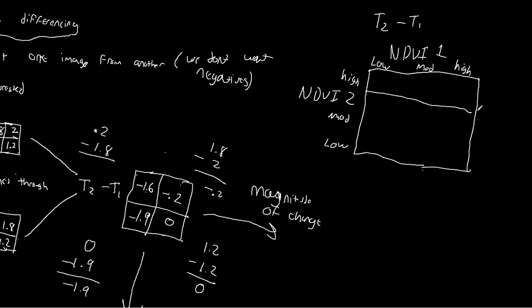So again, this is going to be a very similar procedure to what we went through when we talked about indices. So hopefully this matrix setup here isn't going to be completely new to you. But what I want to do is go through this equation, time 2 minus time 1, and talk about what numbers we would expect to get and what those numbers would mean. So let's assume that we have a high NDVI at time 2, and we subtract from it a low NDVI at time 1.